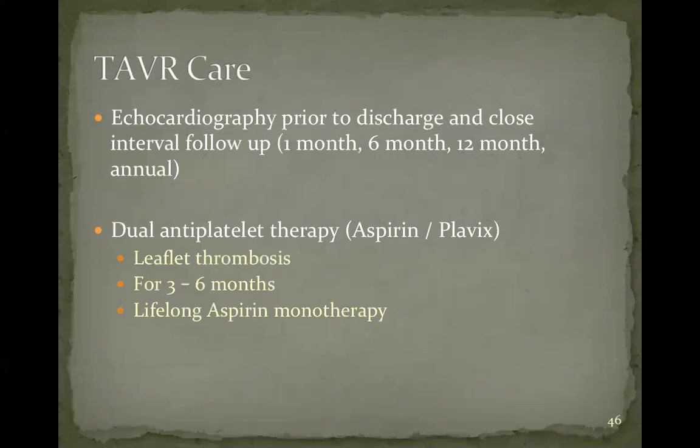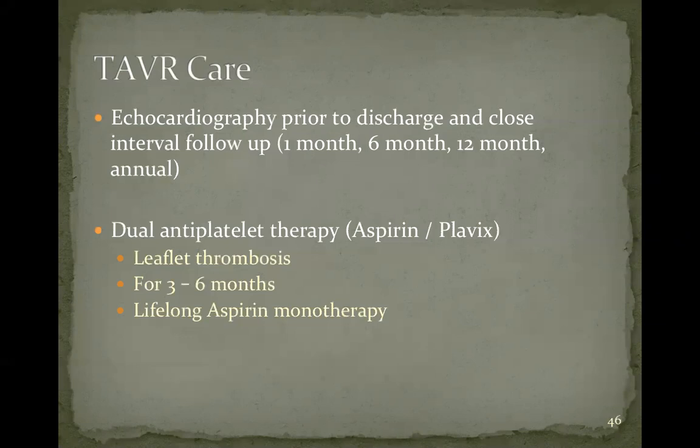These patients also need to be on dual antiplatelet therapy with aspirin and Plavix, as they're at increased risk for leaflet thrombosis. It's kind of dependent on the structural cardiologist, but they're usually using dual antiplatelet therapy for 3 to 6 months. They'll usually stop Plavix and have them on lifelong aspirin monotherapy, but then it is the provider's preference.